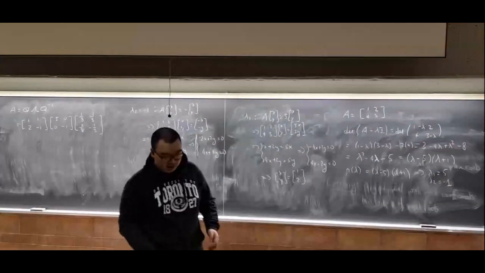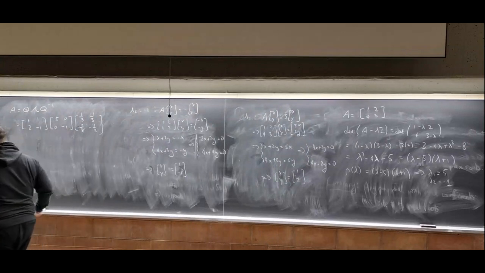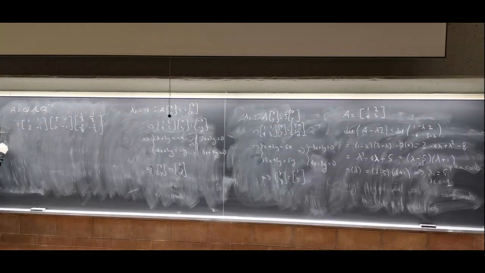Now what we want to calculate is A to the power of 3 minus 5A squared plus 3A plus I. So we want to diagonalize this. Let's look at what each single one of them equals.